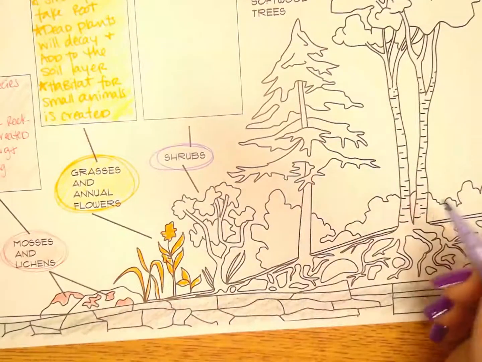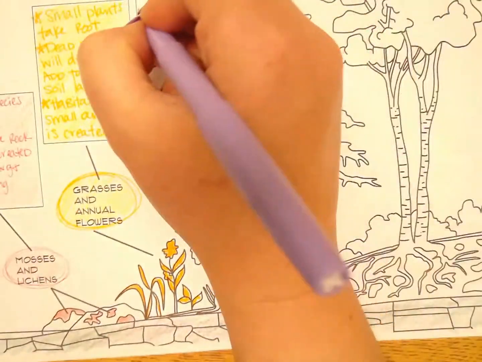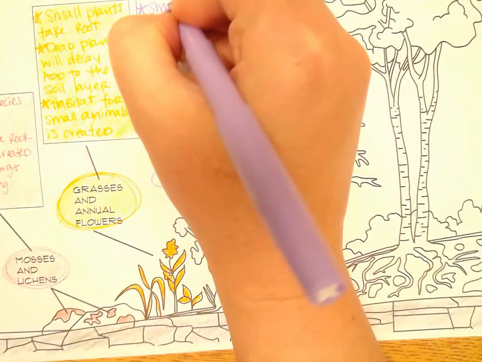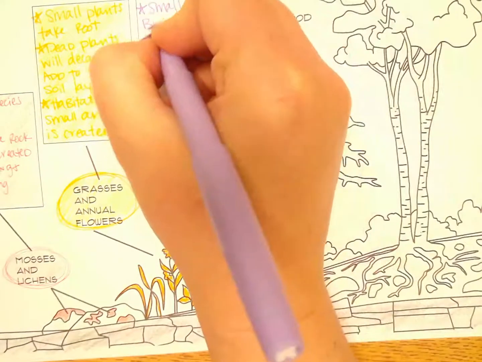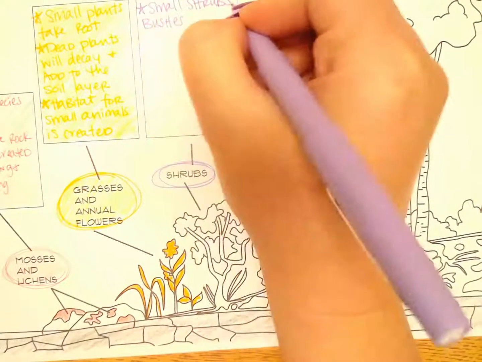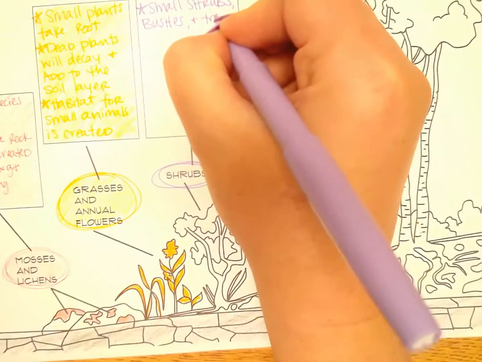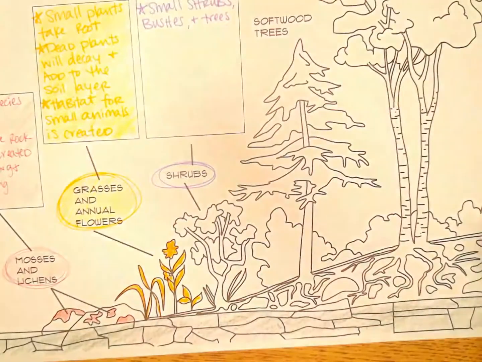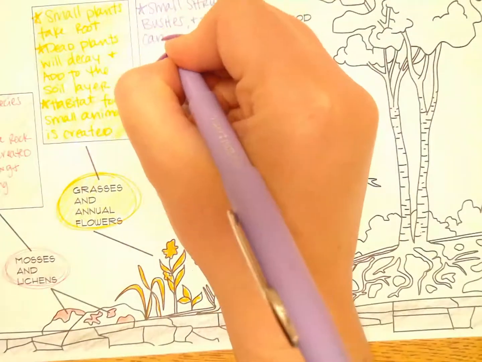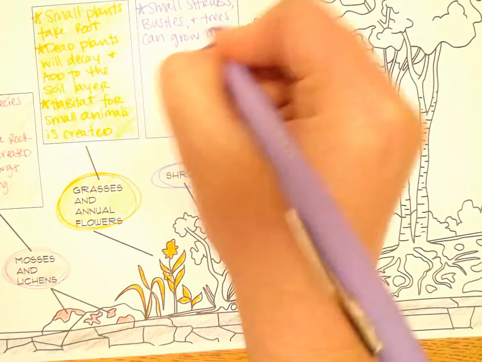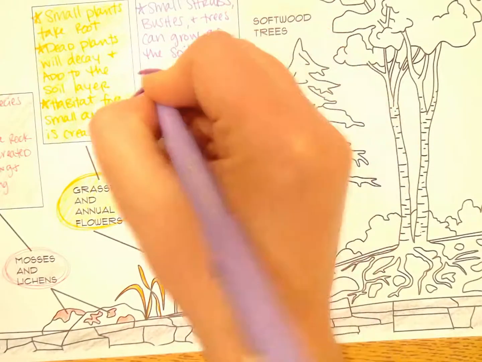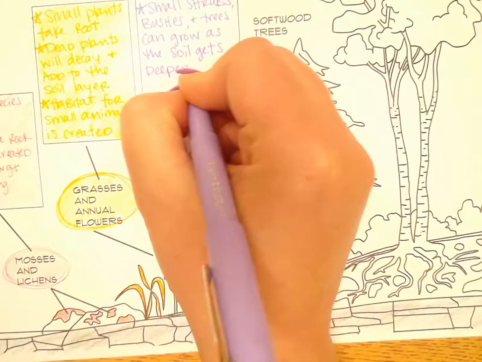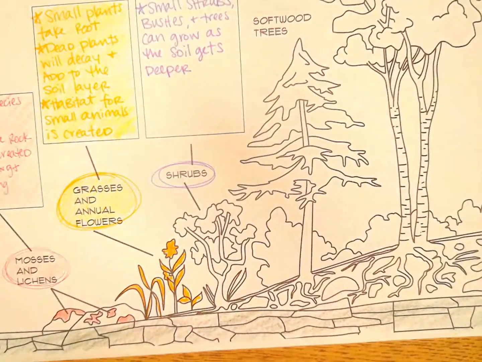So I'm going to use purple for my shrubs. These are small shrubs, bushes, and trees can start to grow as the soil gets deeper. All right.